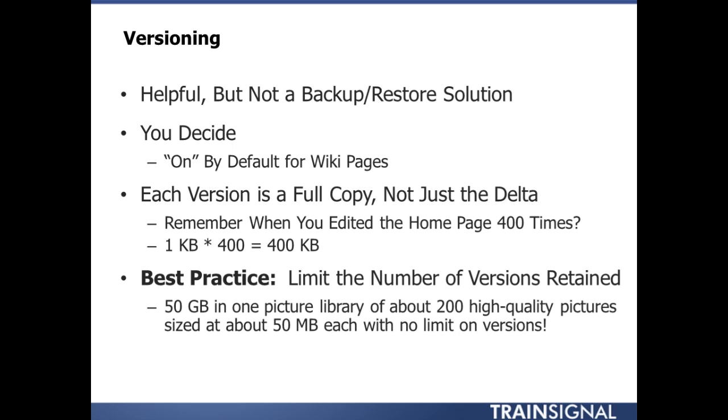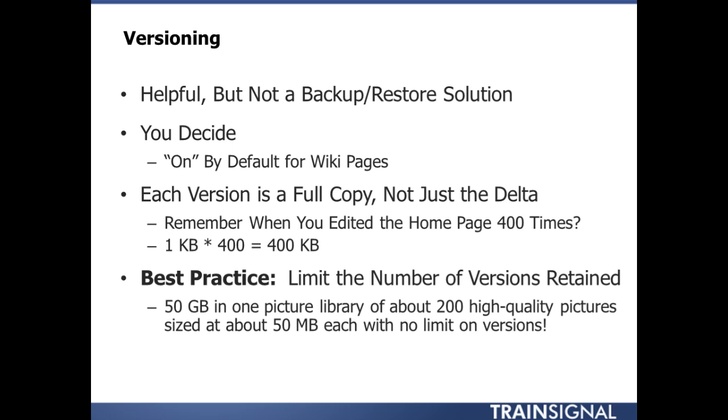You could write a PowerShell script that runs on a set schedule to give you this kind of a report. Go out and find all the libraries in my farm, let me know if versioning's turned on, let me know if limits have been set, but there's really nothing built in that would help with this. Your only real option would be to visit every single library manually and check yourself.